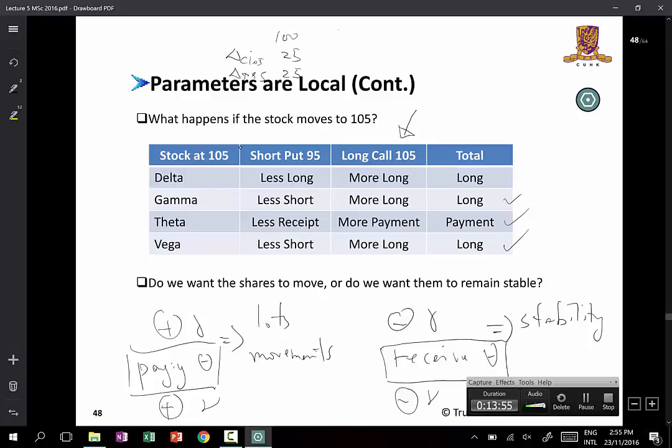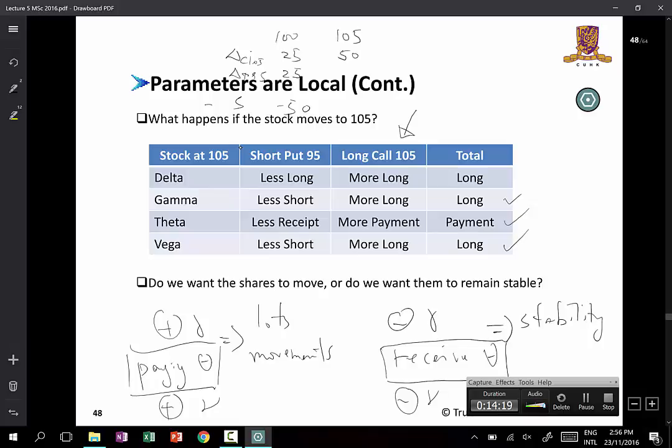Now, when you go to 105, you try to hedge this. So you short sell stocks, and you short 50. Then at 105, the delta of your call will go to 50. So definitely you are more long.